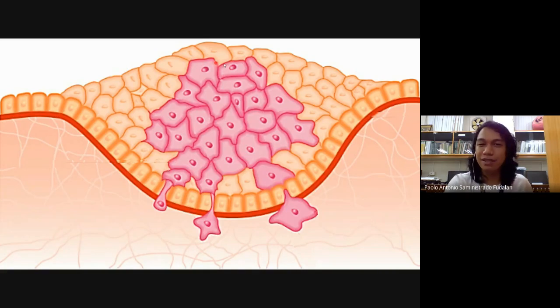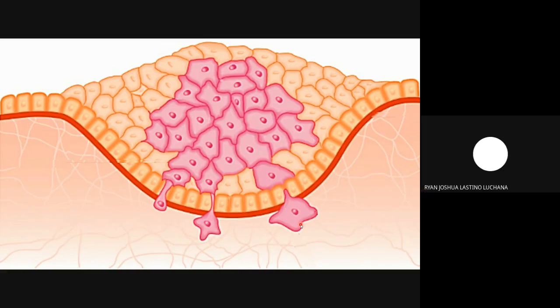Anyone? Are these normal cells? What's happening here? You might want to describe that. What are they doing? Sir, they are cancer cells, which are, I guess, invading the connective tissue by using enzymes known as matrix metalloproteinases. Right, you are correct there.